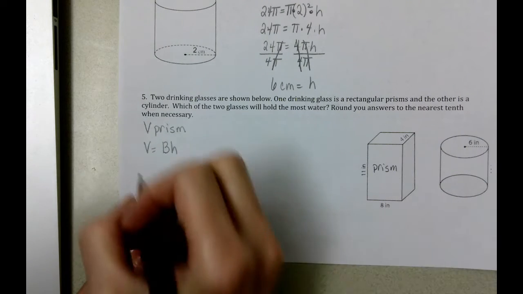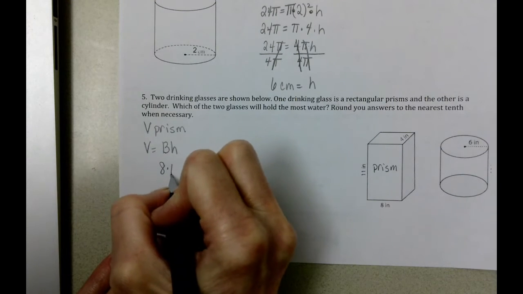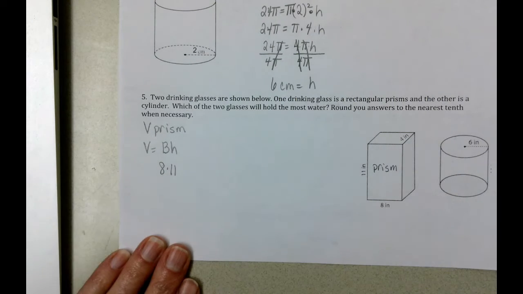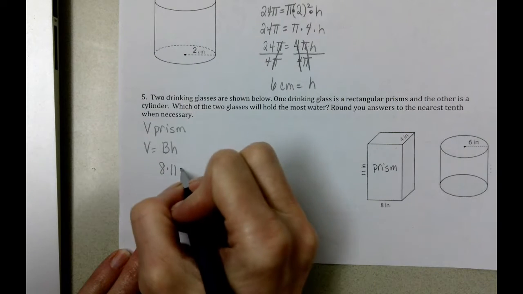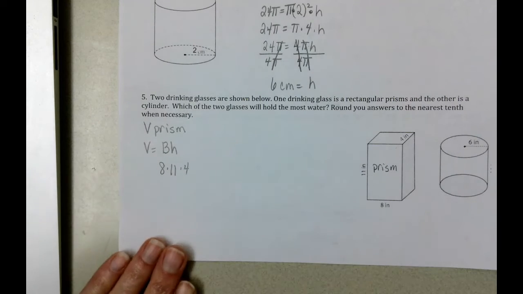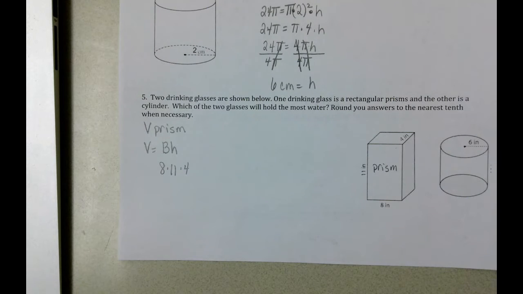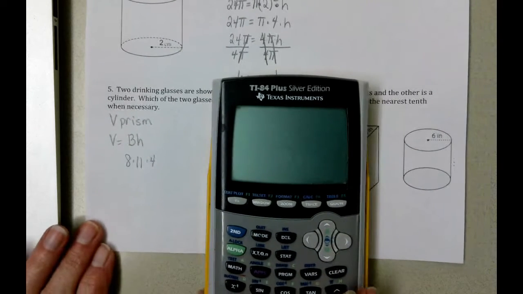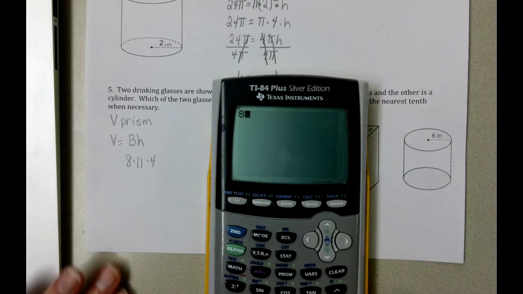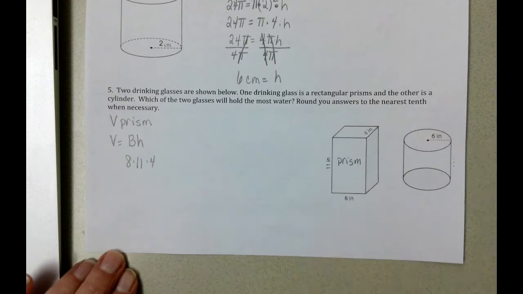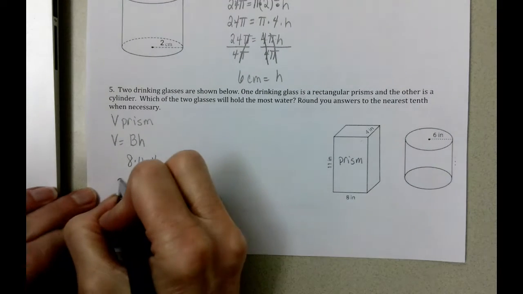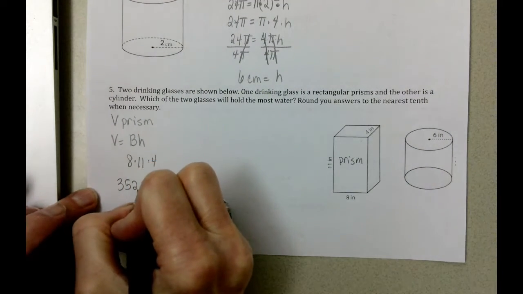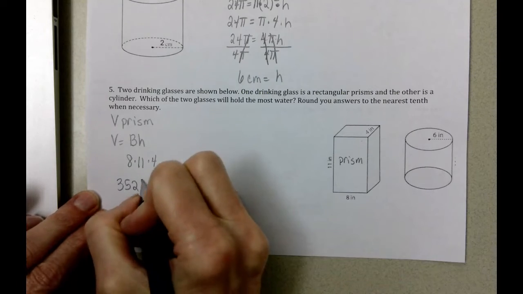Area of the base is going to be 8 times 11, and then the height is 4. If you change up that order, it's not going to make any difference when we multiply. Use Desmos or the calculator, but 8 times 11 times 4 gives us 352 cubic inches.